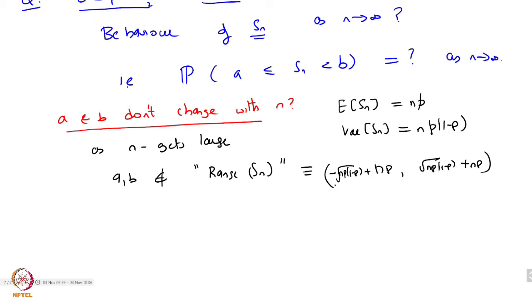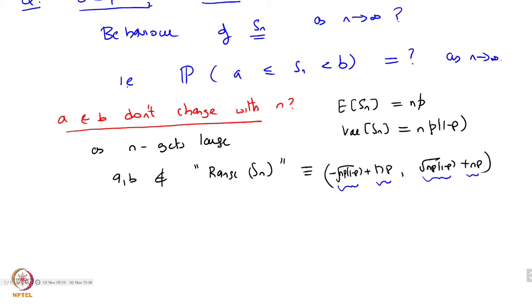Is this formal idea clear? We discussed the range of Sn as the mean plus or minus the standard deviation of Sn. Same thing here. We will erase this.